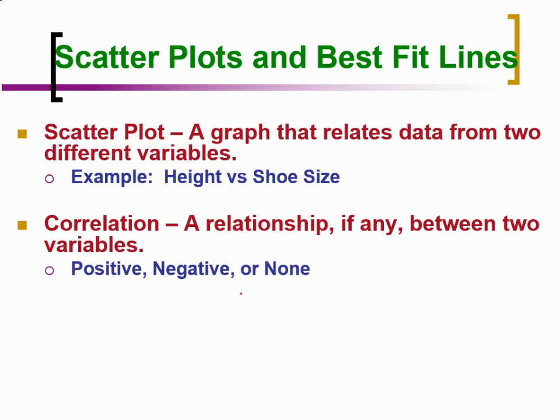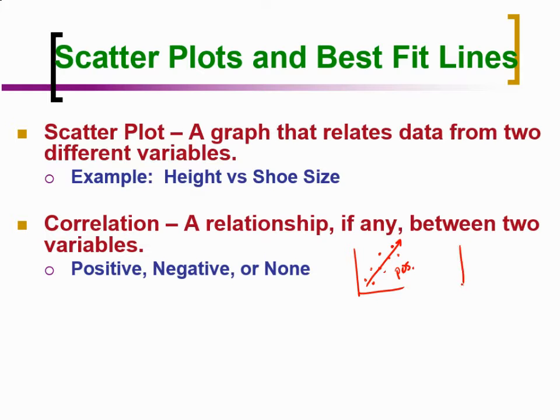So positive is when, let's say we have a scatter plot with a whole bunch of dots and different points of data, the data in general is going up from left to right. That would represent a positive correlation.